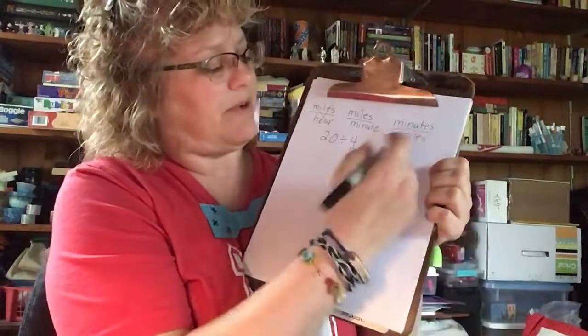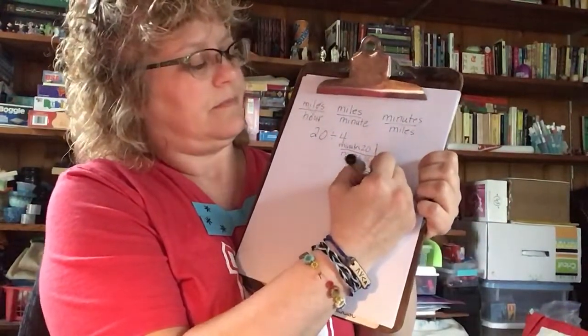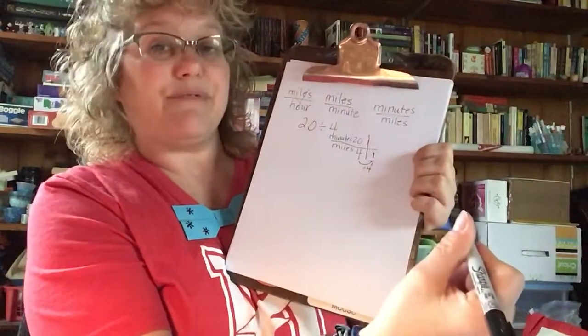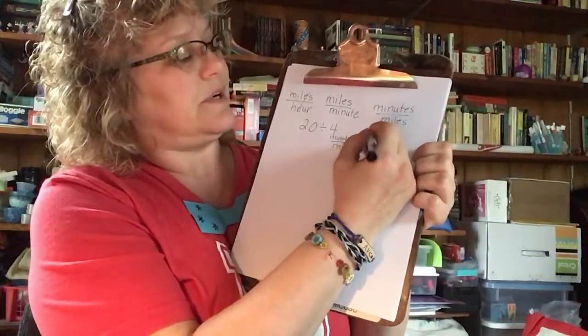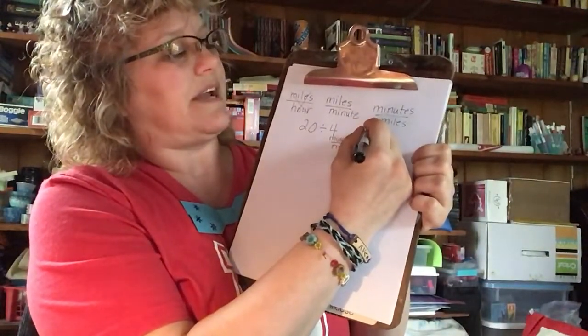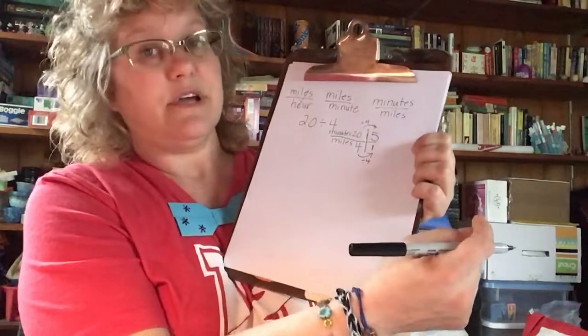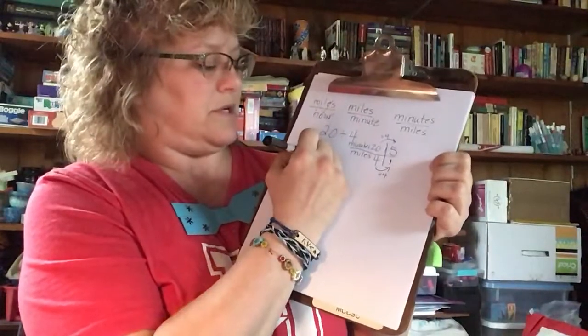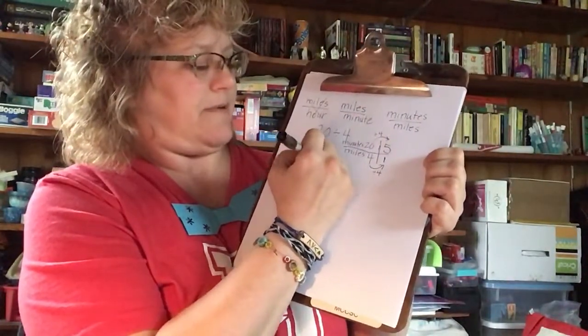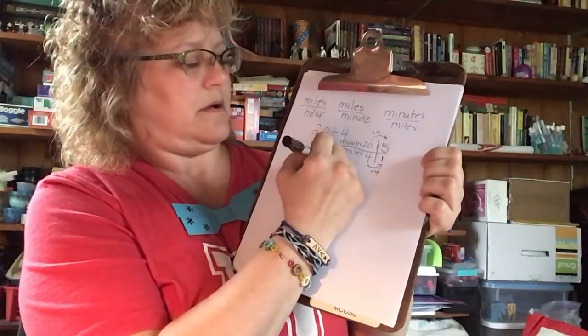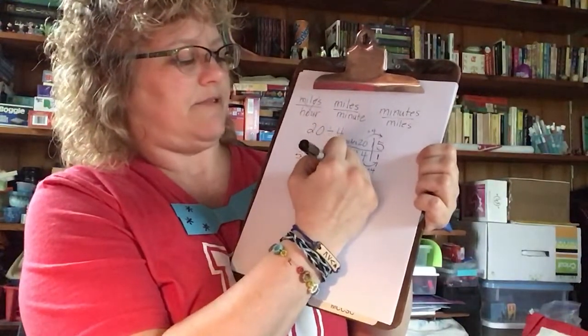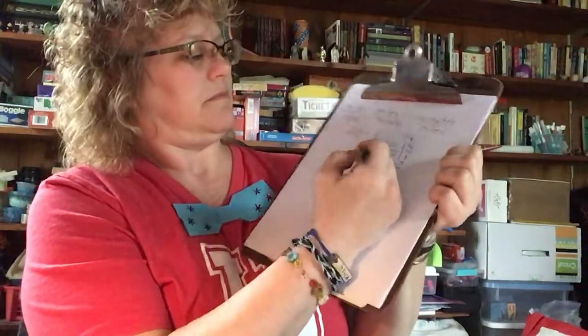Right, I need to divide it by 4. And if I'm dividing the bottom by 4, then I would need to do 20 divided by 4, and that's going to give me 5. So this student would go 5 miles every minute.